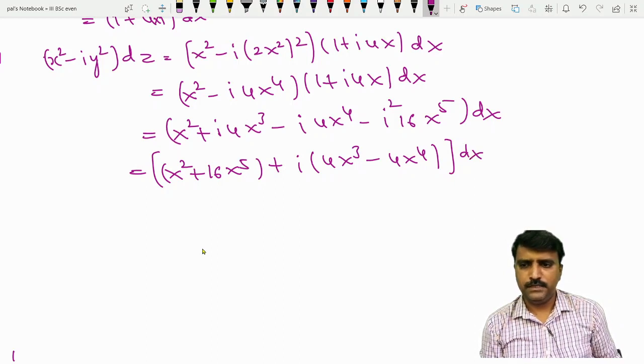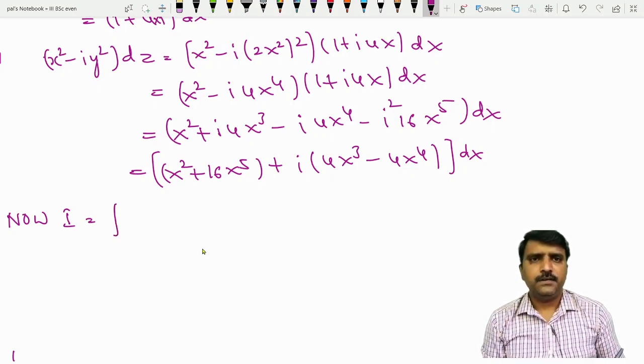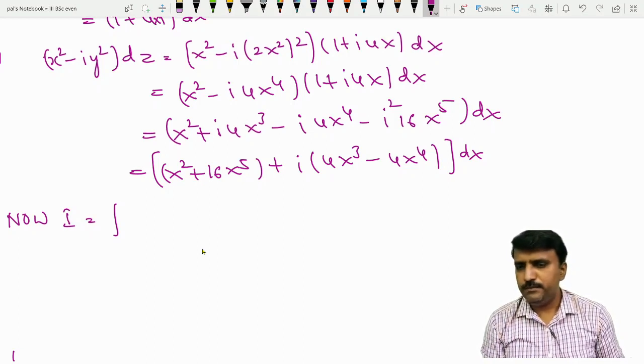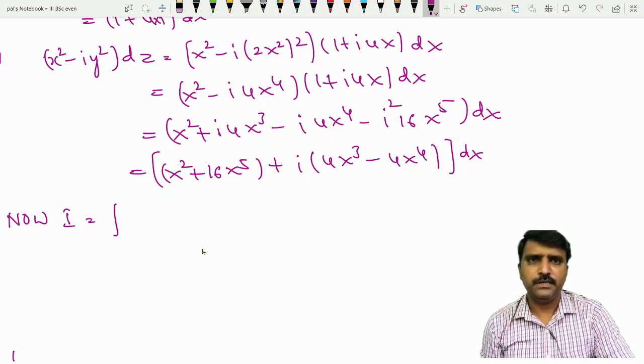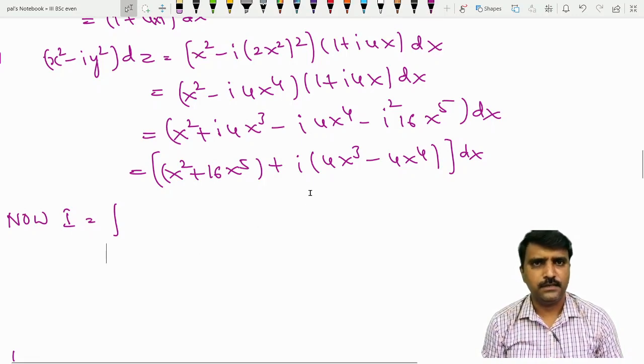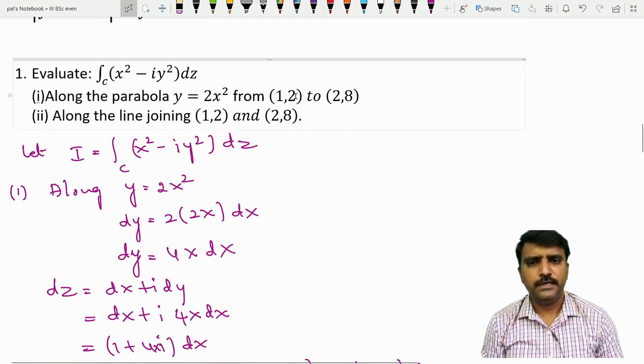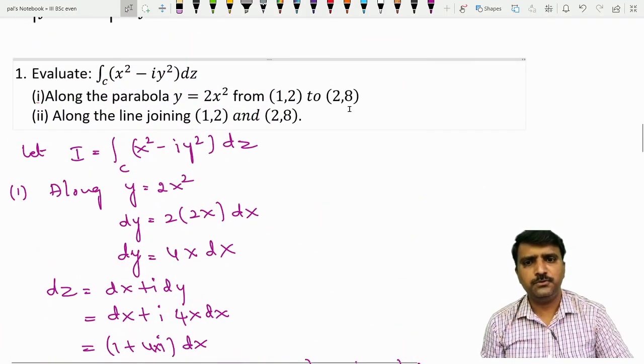So now I becomes, I is equal to integration from, we have to choose the limits here. When choosing limits, we convert all the variables in terms of x. And also here x varies from 1 to 2.